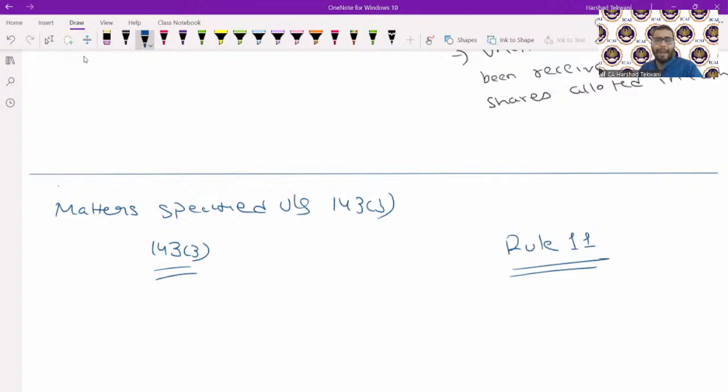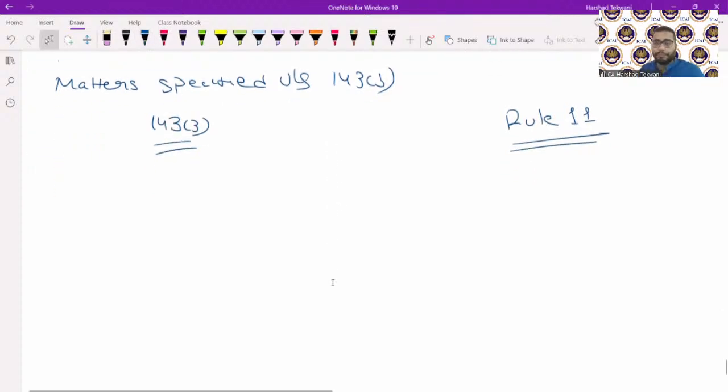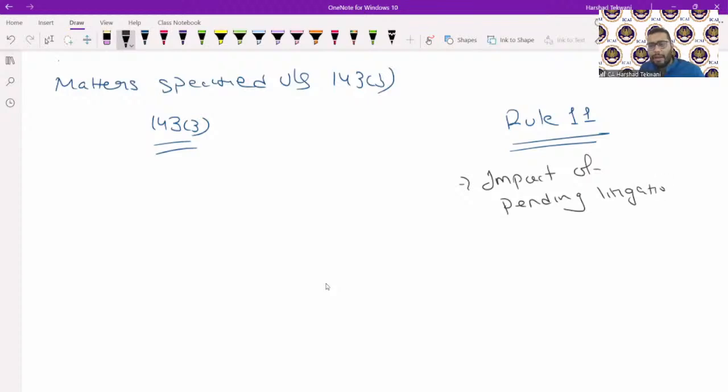What are the things that as per Rule 11 are required to be reported? First, the impact of pending litigation, whether the company has disclosed the impact of pending litigation.